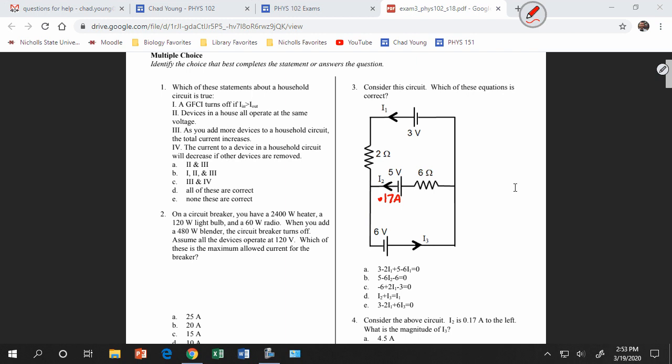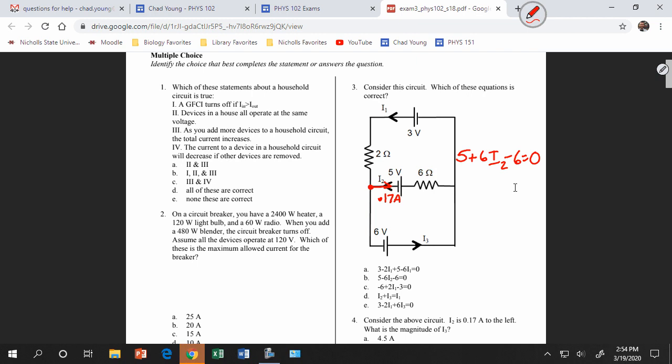If I use the bottom loop, let's just write the equation for that. I'm going to start here and go in this direction. So I get 5 plus 6I2 minus 6 equals 0. Well, that doesn't really help me to find I3 at all because there's no occurrence of I3 in that equation. If I write the big loop, there's no occurrence of I3 in that equation either.